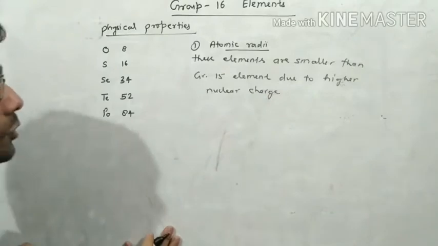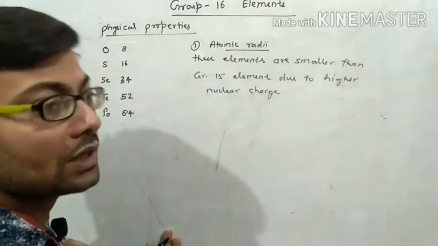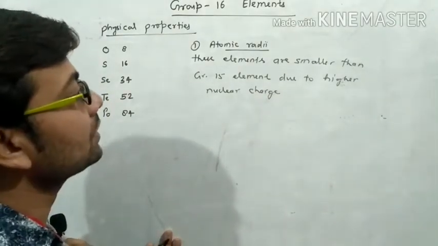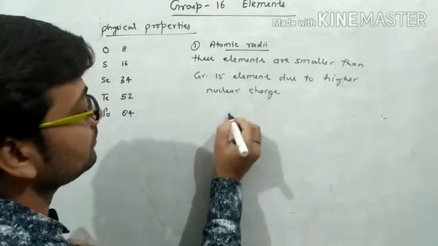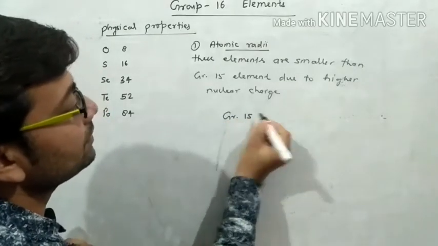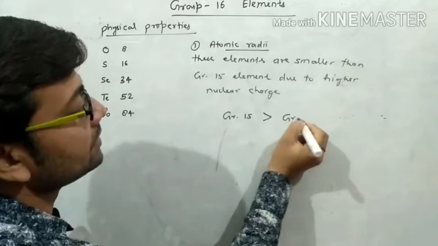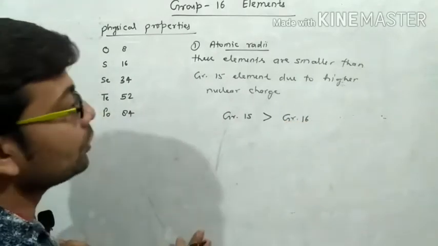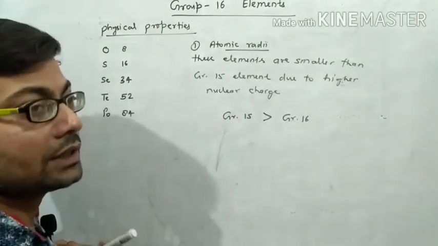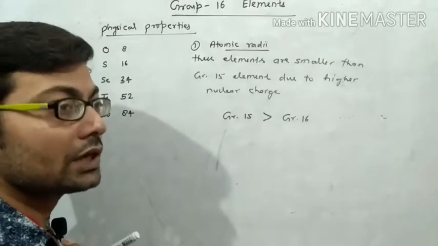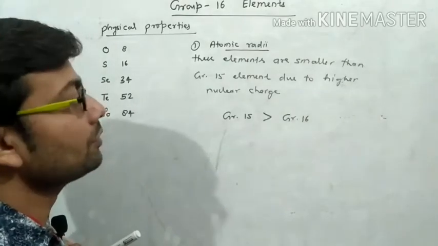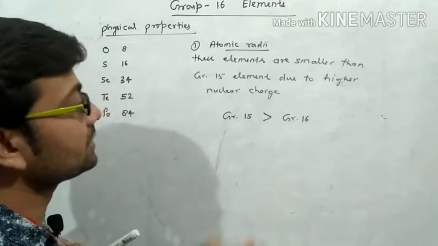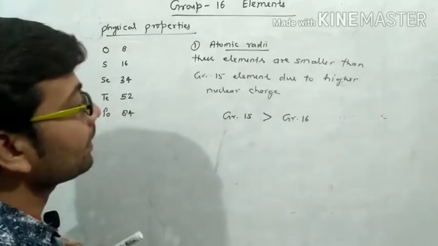Group 16 elements are smaller in size as compared with group 15, because when we move from left to right there is an increase in nuclear charge. That's why the size decreases compared to group 15.